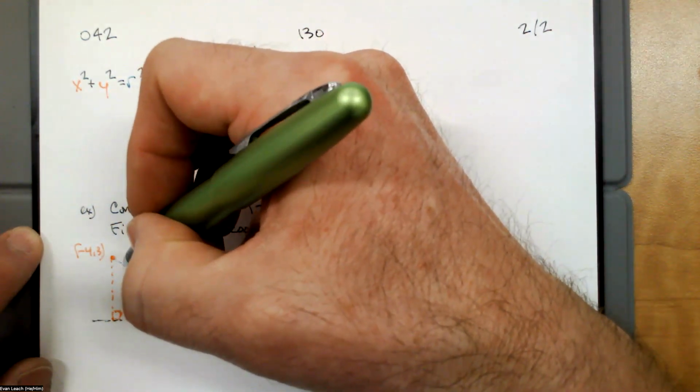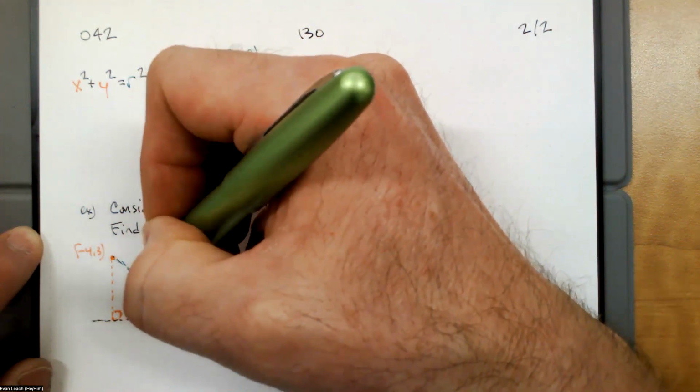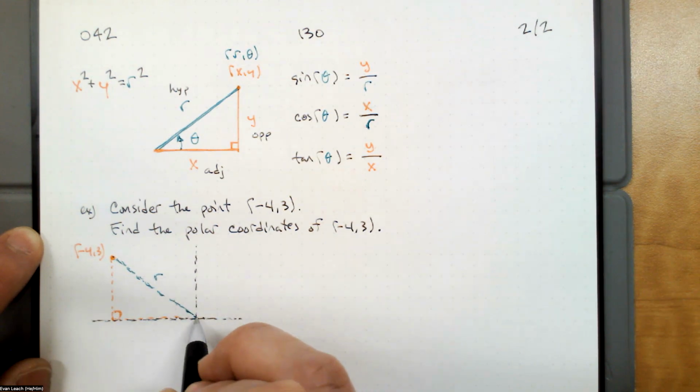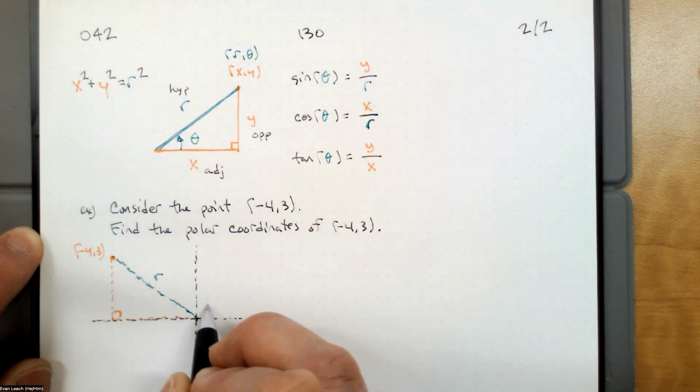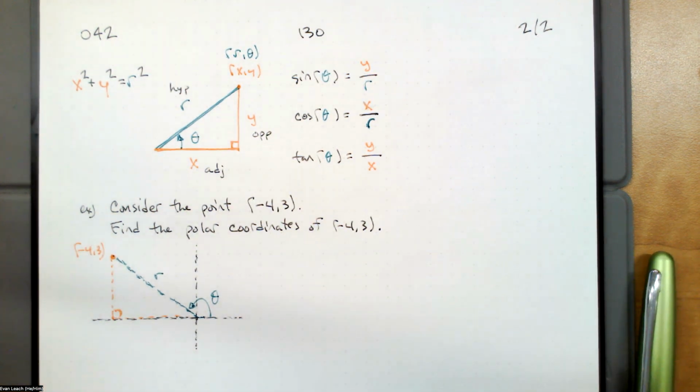Here's r. And in polar coordinates, our angle should be in standard position. Theta needs to start at the positive x-axis and come around to the terminal side. So polar coordinates put theta in standard position. This would be the positive value of theta.